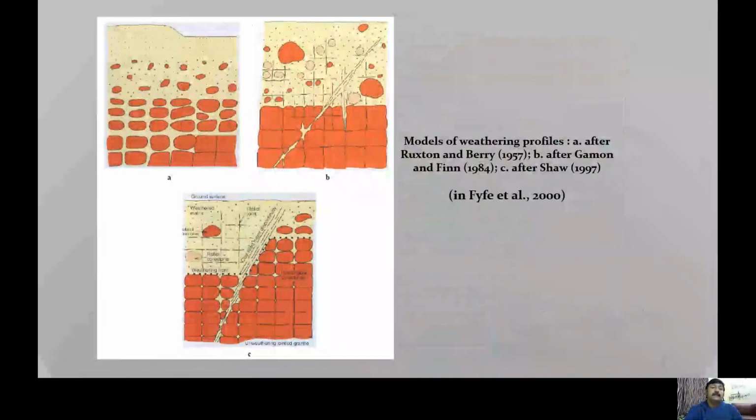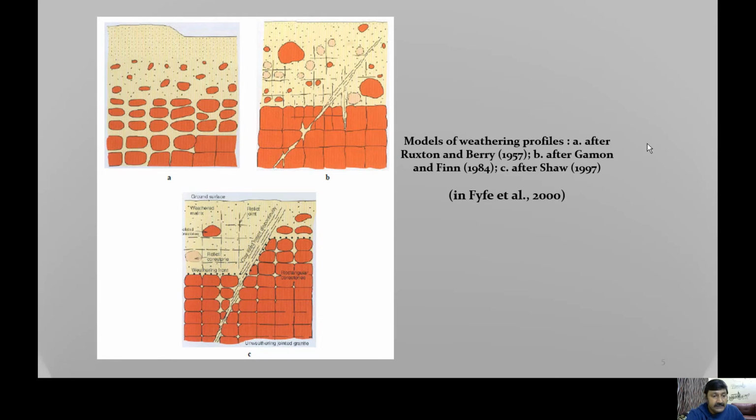So this is a very general schematic diagram of a weathering profile. That means how a weathering profile should look. There were several models that were proposed. However, the third one here, proposed by Shaw, is probably the most acceptable schematic diagram of a generalized weathering profile.